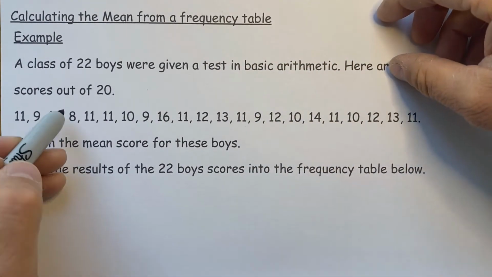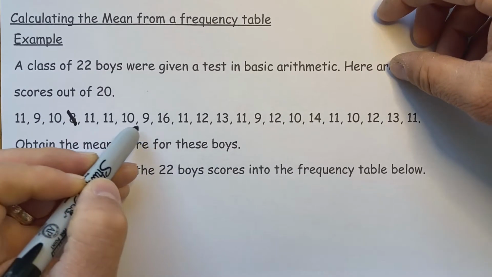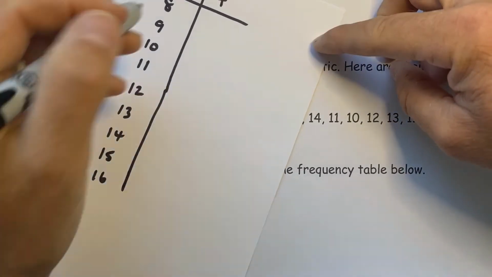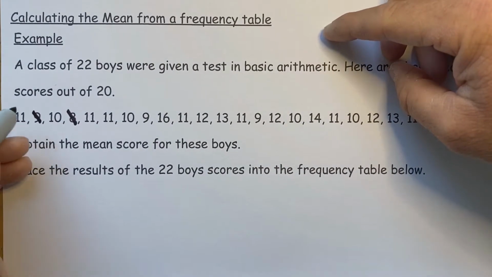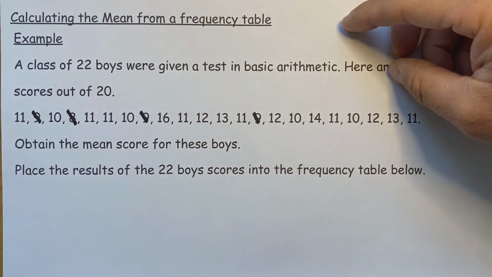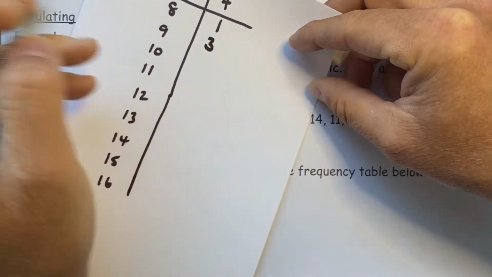So if I look at the score of 8, I've got 1 there, and that's all I see. So I've got 1. Score of 9, 1, 2, 3, 3 scores of 9. So I put 3 in there.